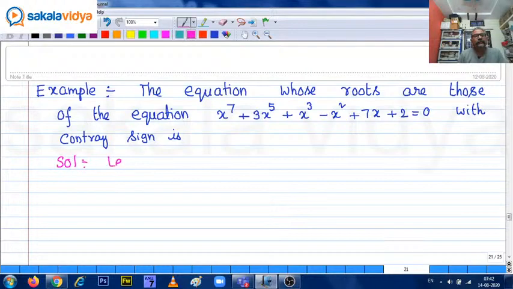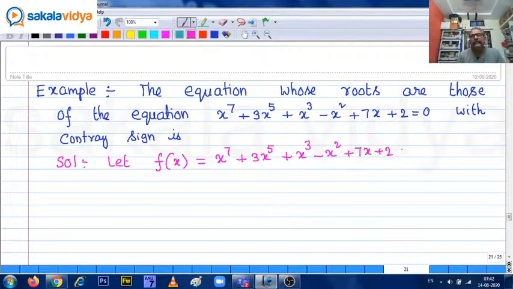Let's say f of x equals x to the power of 7 plus 3x to the power of 5 plus x cube minus x square plus 7x plus 2 equals 0. Now the required equation is f of minus x equals 0.